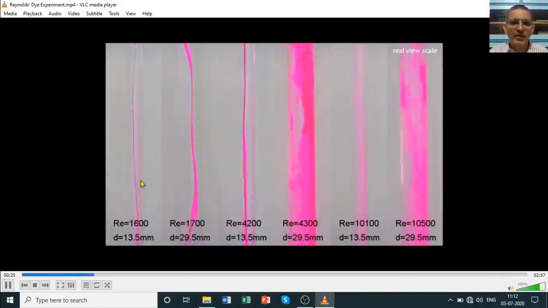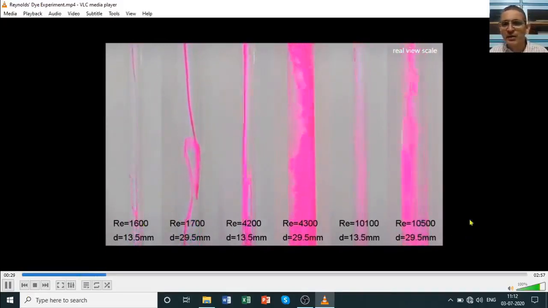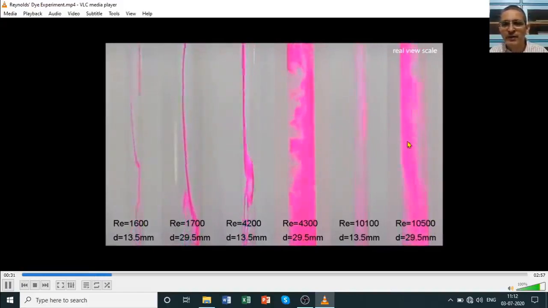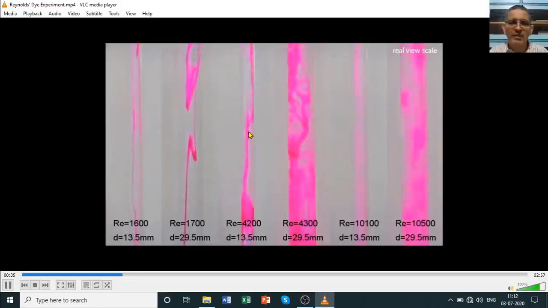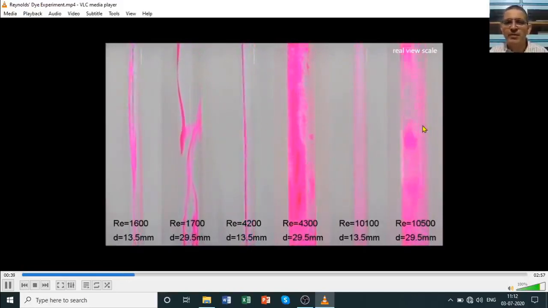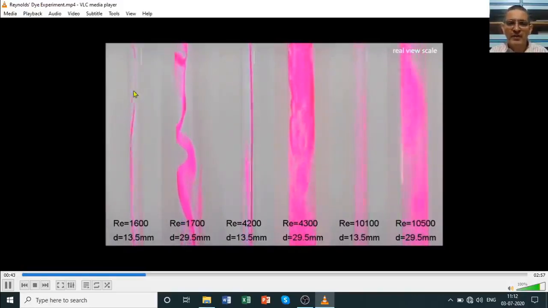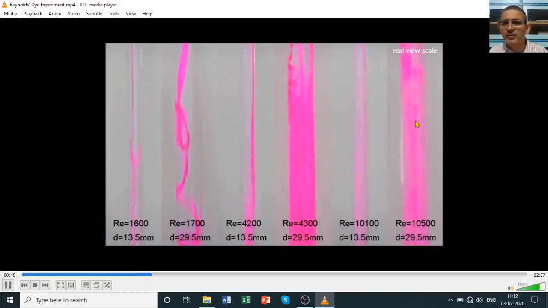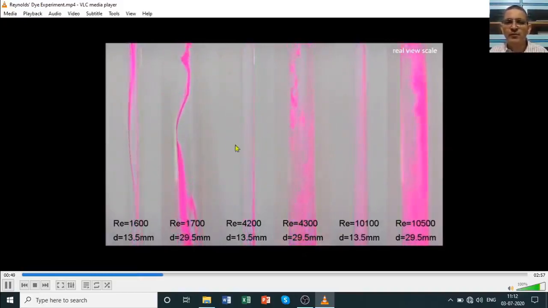So compare and contrast this extreme left video, Reynolds number 1600, with Reynolds number 10,500. And you see somewhere in between, this 4,200, sometimes it is layer like, sometimes it is like this mixing behavior. So this is called laminar flow, this is called turbulent flow, and some of these are called transition flows.